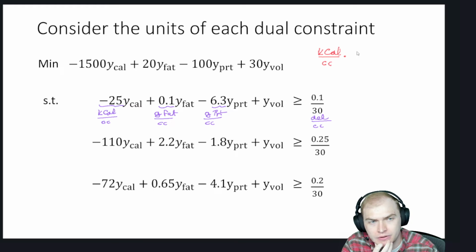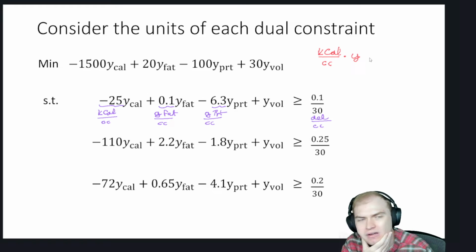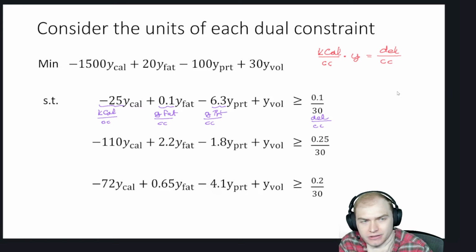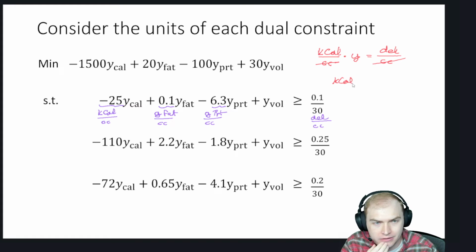Kcals times something over, I'm going to call this A over B. No, I'm just going to say Y. Somehow that has to equal deliciousness over cubic centimeters. Well, we can multiply both sides by CC. Get the kcals times Y equals deliciousness.